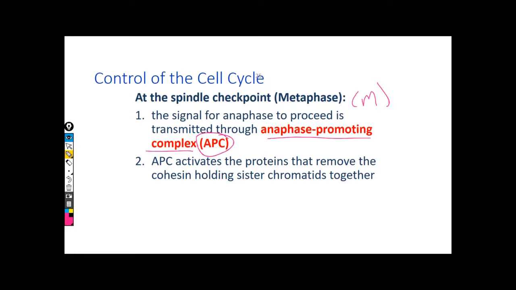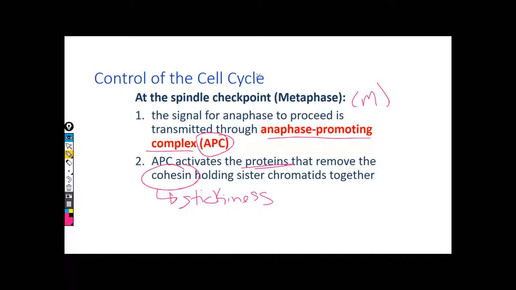So when they do, a signal comes through the cell that activates a set of proteins that removes the cohesion. The cohesion is like the sticky stuff at those centromeres that's holding our sister chromatids together.